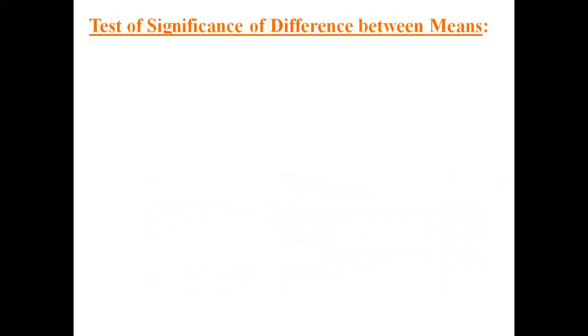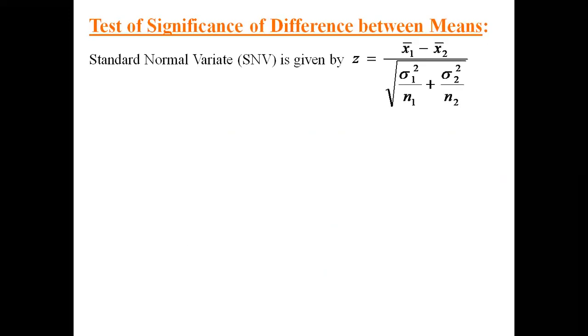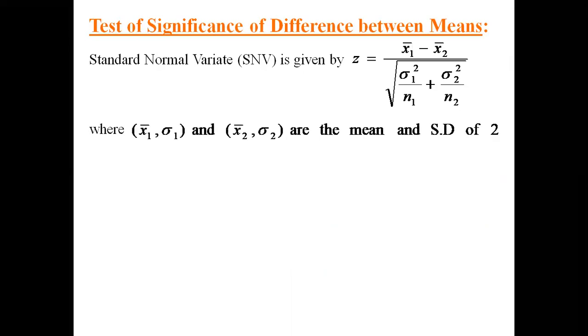So under test of significance of difference between means, let us know the formula for standard normal variate, which is given by z equal to x1 bar minus x2 bar divided by square root of sigma 1 square divided by n1 plus sigma 2 square divided by n2, where x1 bar, sigma 1 and x2 bar, sigma 2 are respectively the mean and standard deviation of two large samples of size n1 and n2 respectively.